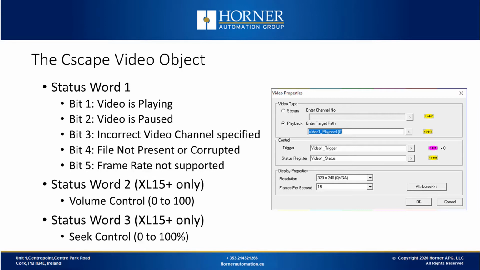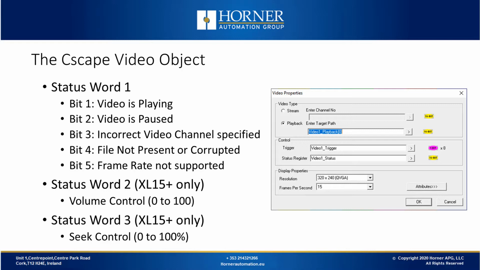Now, in addition to the control register, you've also got status available. For the XL series and the X5, the status is one word worth of information that tells us that the video is playing, the video is paused, the incorrect video channel was specified, the file is not present or is corrupted, or that the frame rate is not supported.